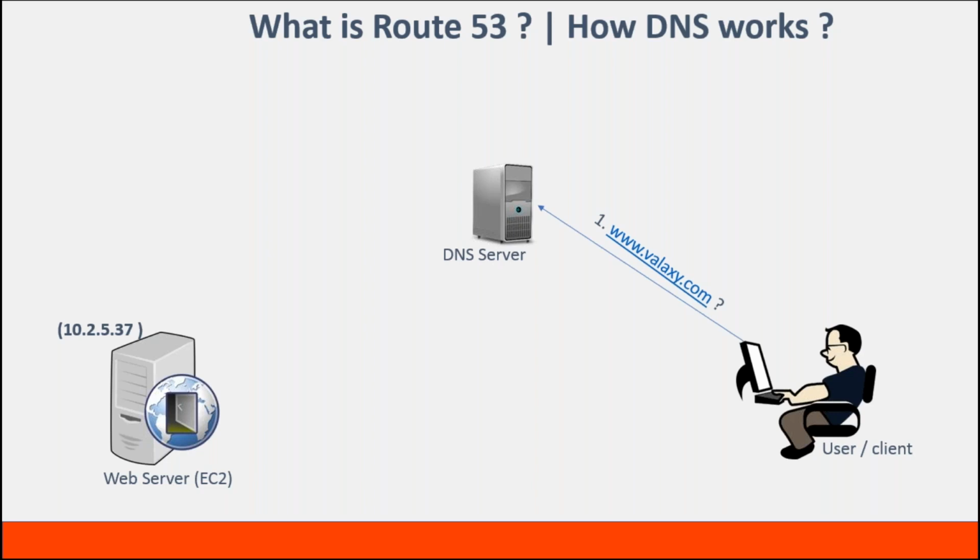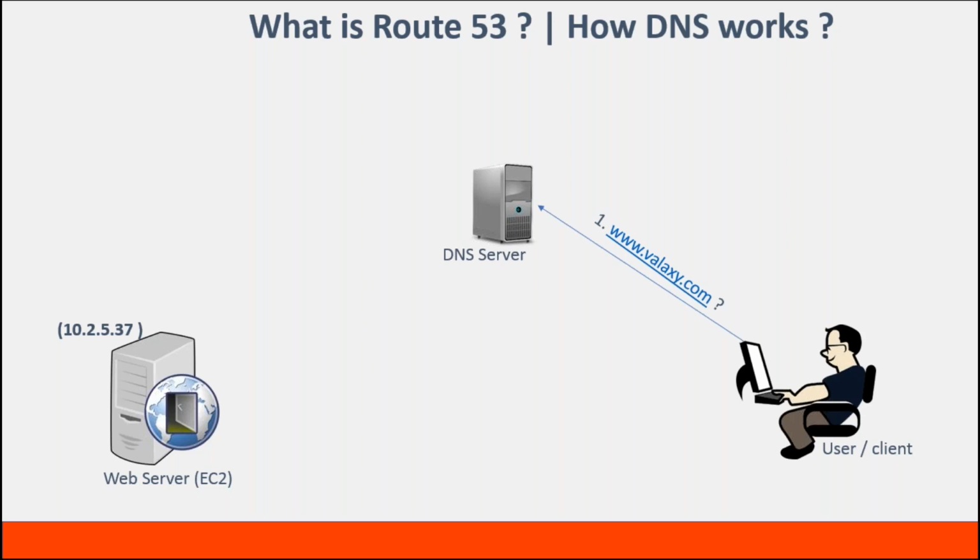When the request is sent to the DNS server, sometimes the DNS server may not have complete details about this name. Let's say the DNS server to whom I have sent the request does not have the information about this name, then it cannot provide you the answer.